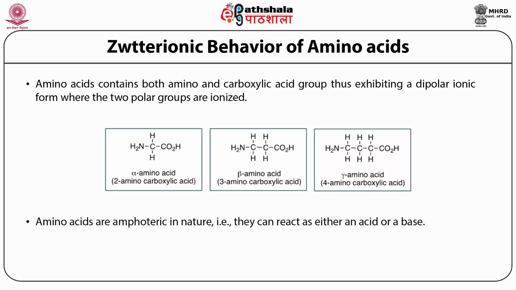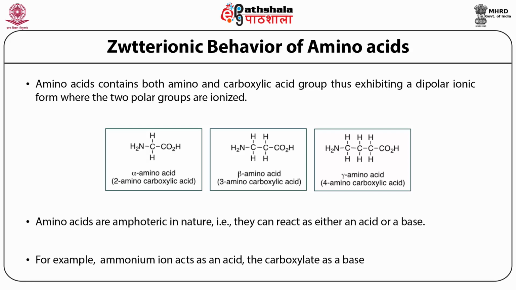Although amino acids are amphoteric in nature, they can react either as an acid or base in order to accept or donate protons according to the classical Lowry-Bronsted principle of acid and base. At a particular pH, one group remains predominantly ionized, but there exists a pH where the amino acids exist as largely neutral zwitterionic form. This pH is known as the isoelectric pH of the amino acids.